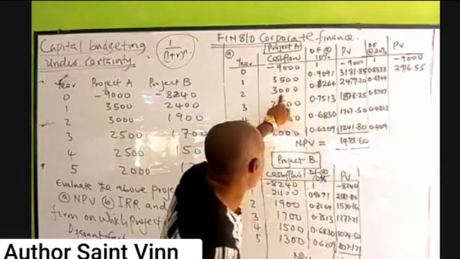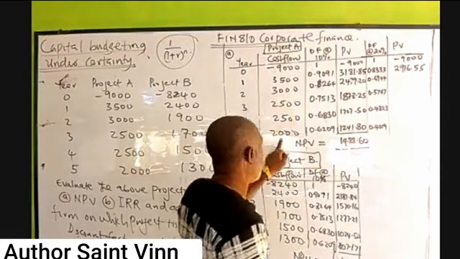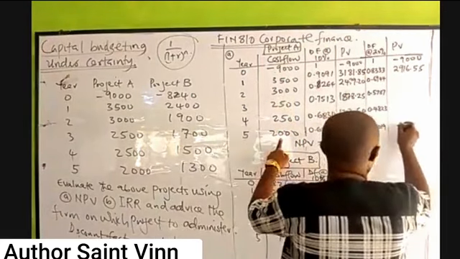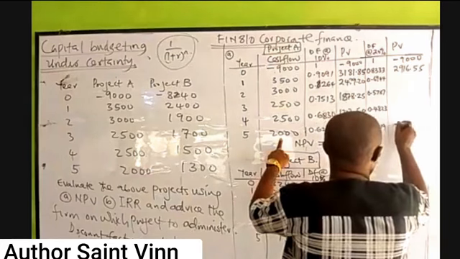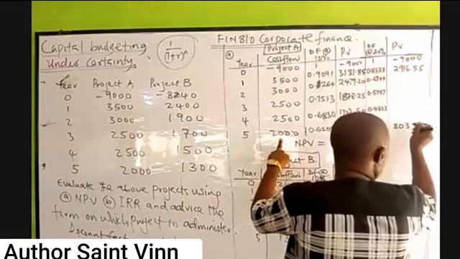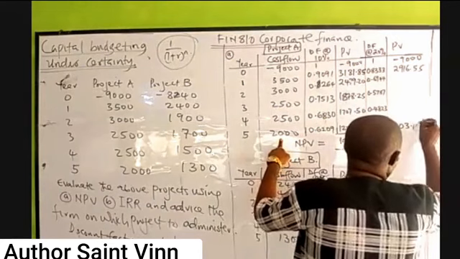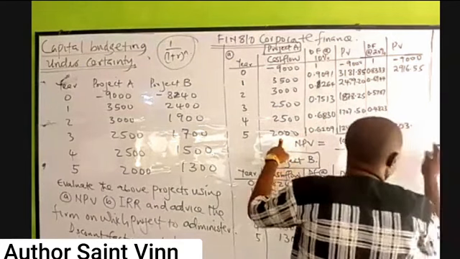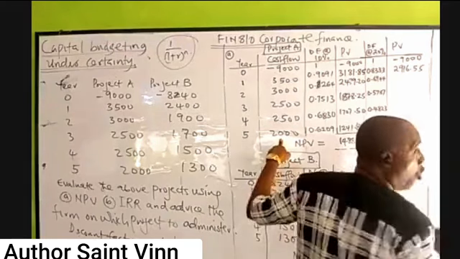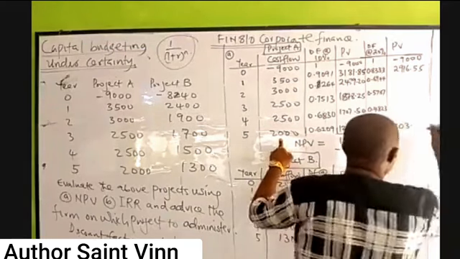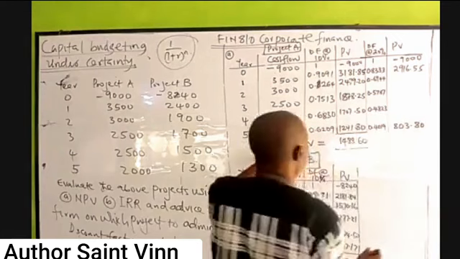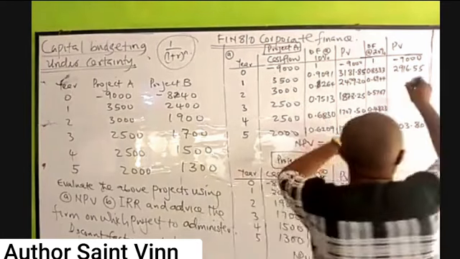This one, 3,000 times this. Oh, you have gone to 50 here. So what do you have? 803. Point what? No, that was point 8. Next. 3,000.